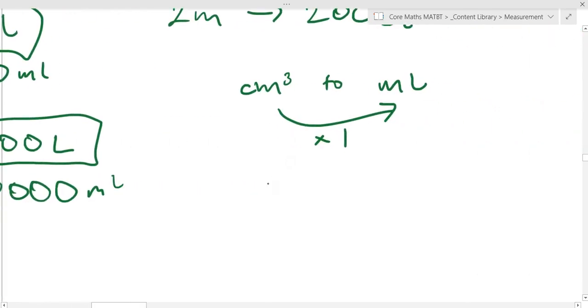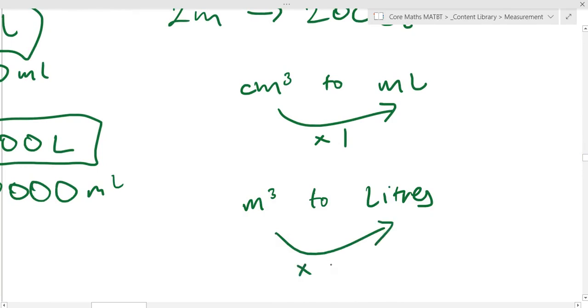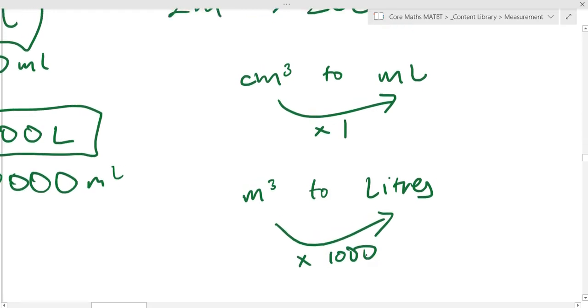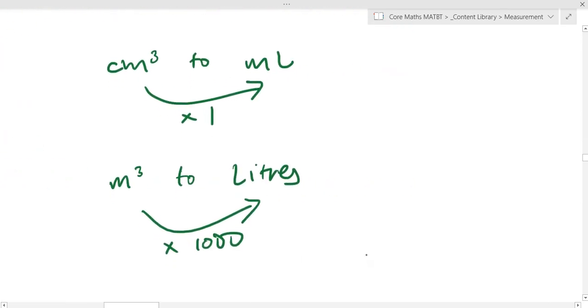But if you're going to convert meters cubed to liters, it's going to be times by 1,000. These are the two main things you need to keep in mind. Centimeters to milliliters is times by 1 because it's the same, but meters into liters you have to times by 1,000.